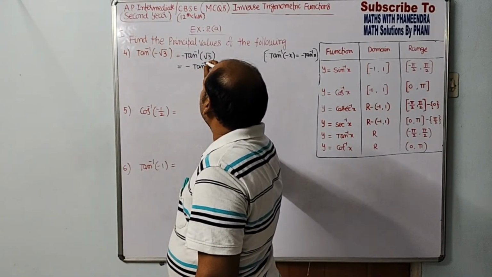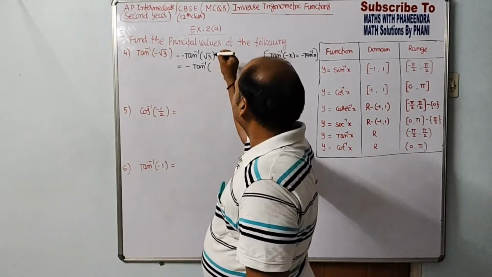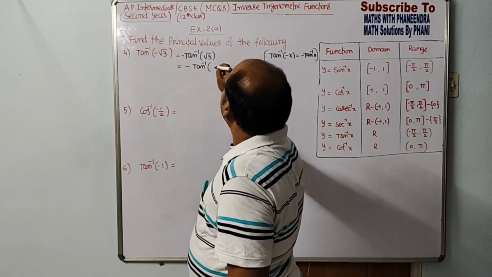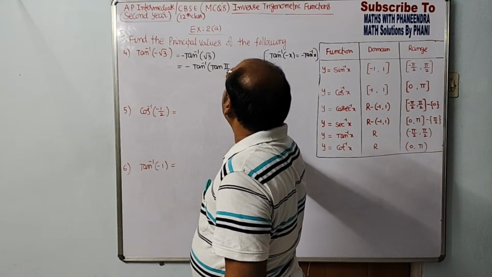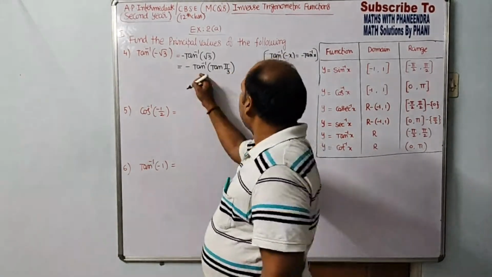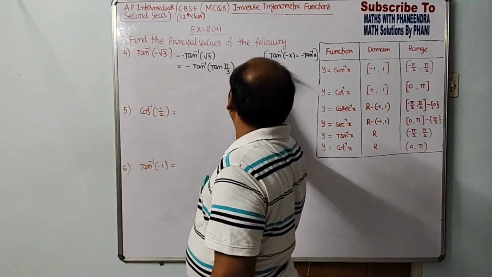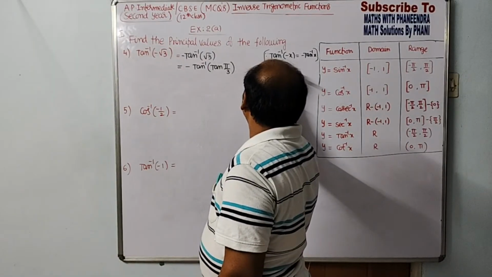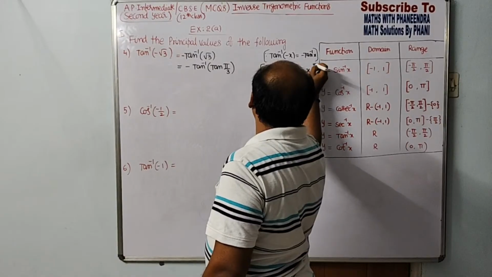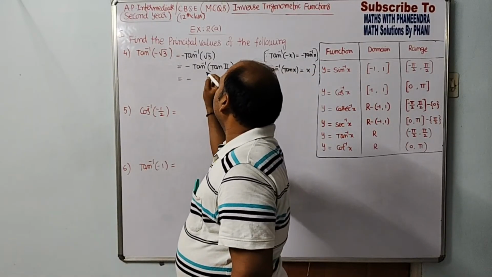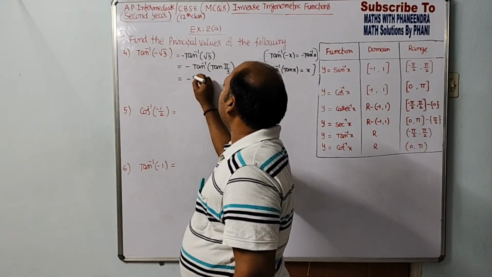Minus tan inverse of tan 60 degrees. 60 degrees means pi by 3. So tan inverse of tan x equals x again. So minus tan inverse of tan pi by 3 is minus pi by 3.